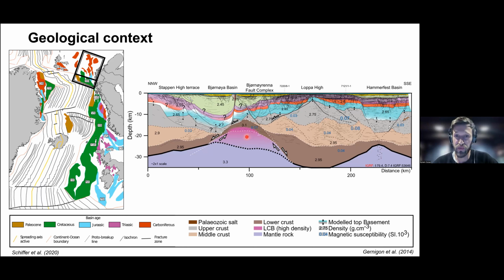As an example, on the right-hand side you can see a depth section of the Southwest Barents Sea, where there is large variation of crustal thickness, going from the Bjørnøya Basin, a very deep sedimentary basin of up to 10-12 kilometers, and moving really quickly to structural highs where the crust is almost preserved.